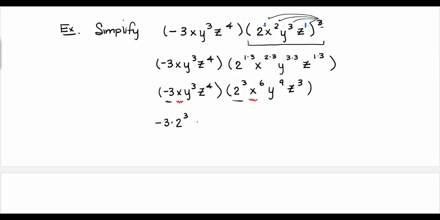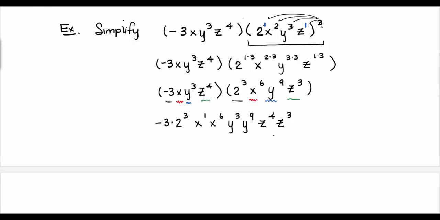So I'm going to write x to the 1 times x to the 6th. And then I have a y to the 3rd, y to the 9th. And then lastly, I have my z's, z to the 4th, z to the 3rd.